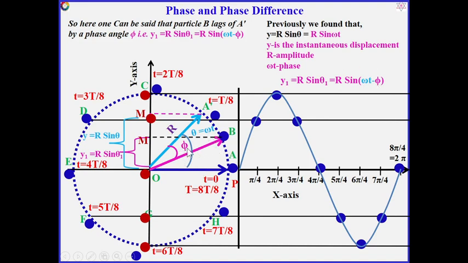So here one can say that particle B always lags A dash by a phase angle phi. So it can be written as y1 equal to r sin theta 1 equal to r sin omega t minus phi.